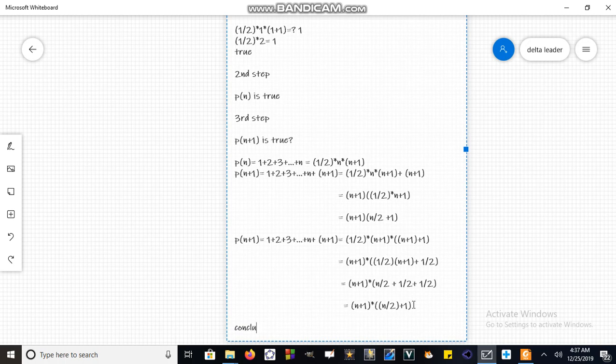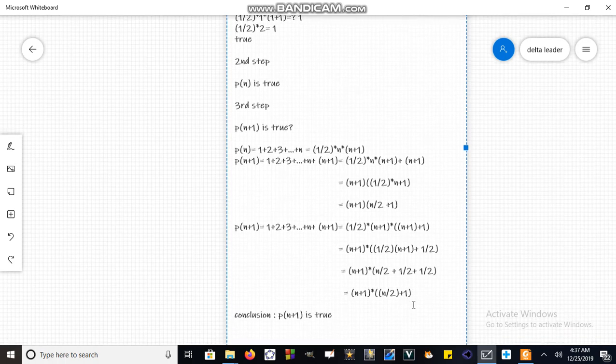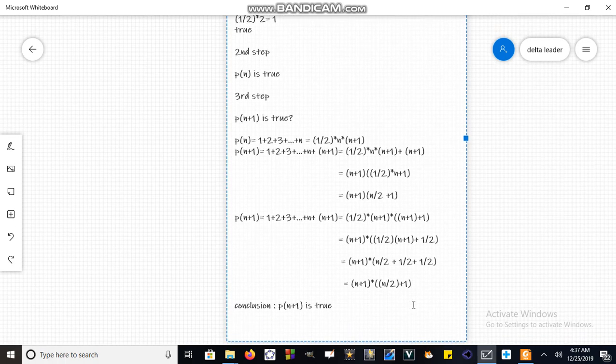Conclusion: Pn plus 1 is true, and that's the last thing, because Pn plus 1 is true, then we have a Pn which is true. That is a proof by induction.